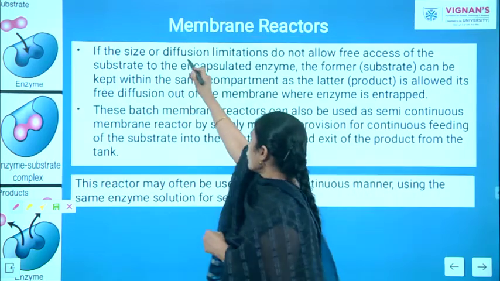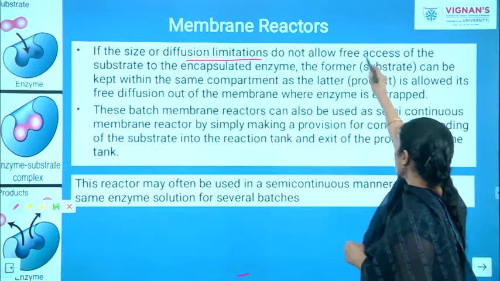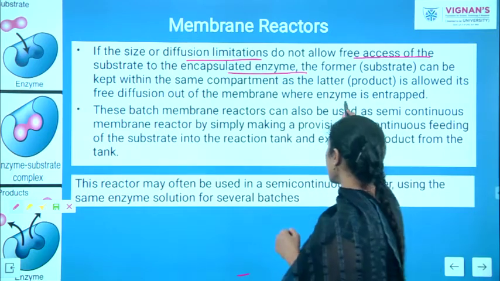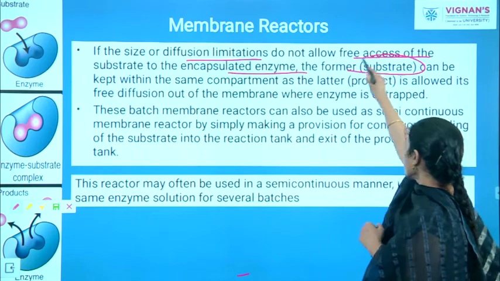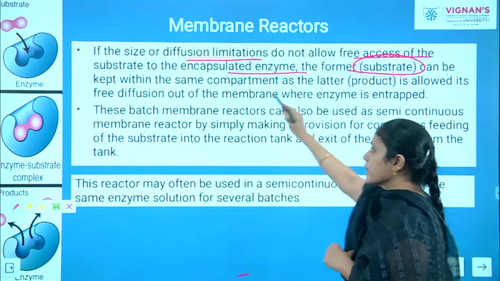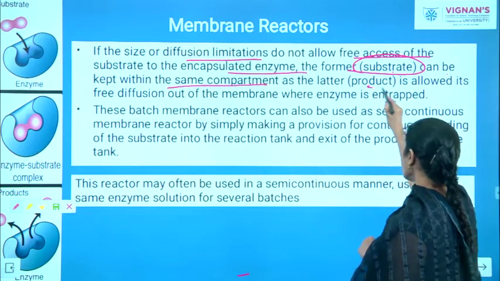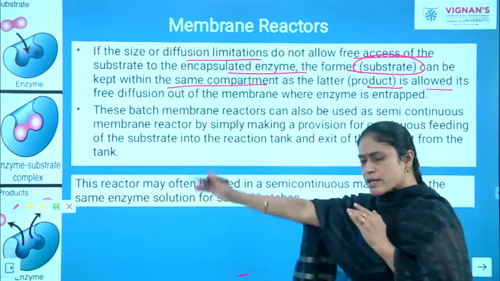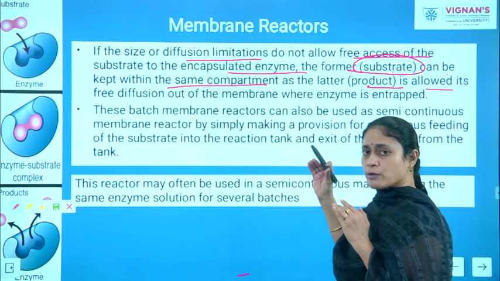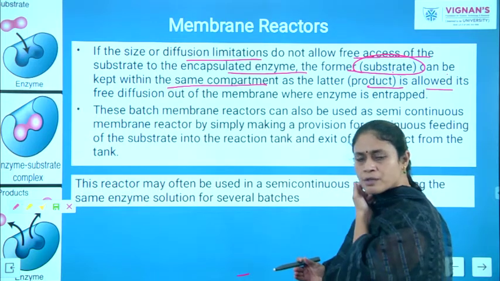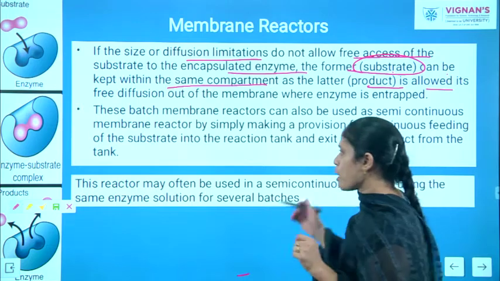If size or distribution limitations do not allow free access of your substrate to the encapsulated enzyme, the substrate can be kept within the same compartment as your enzyme, so that the product is allowed outside the compartment where your enzyme is available. With this, you can reduce the contamination problem.